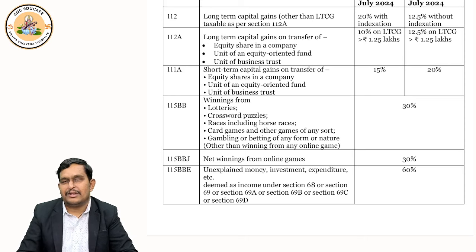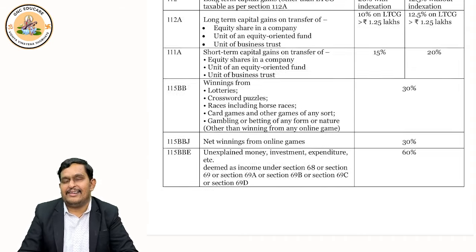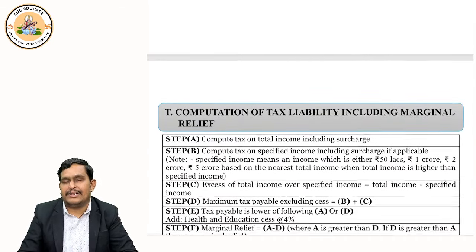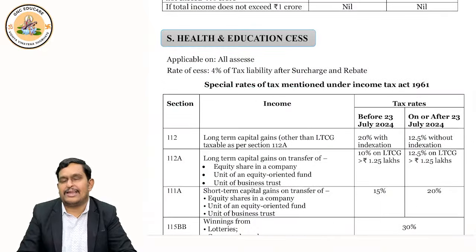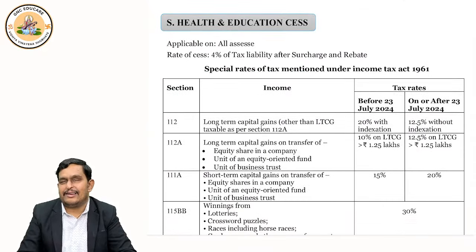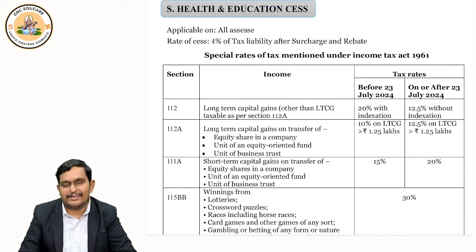But now the most important change I'll discuss, and that is the change in rate of capital gain tax. Change in rate of what? Capital gain tax. So the scene is before and after.